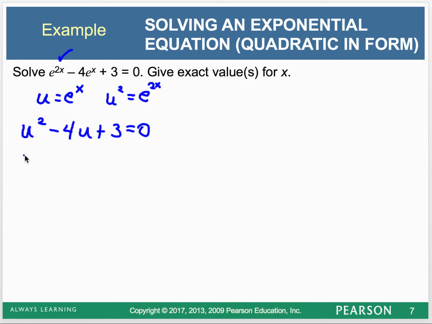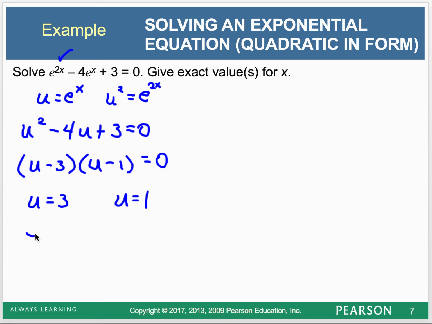I need 2 numbers that multiply to give 3 and add to give -4: u minus 3, u minus 1. So u is 3 or u is 1. But don't forget, u is actually e to the x, so I've got to substitute back in. E to the x is 3 or e to the x is 1.